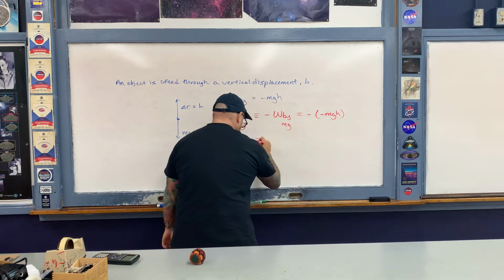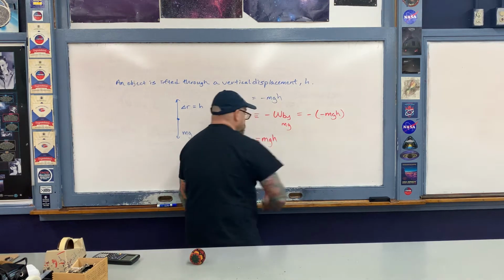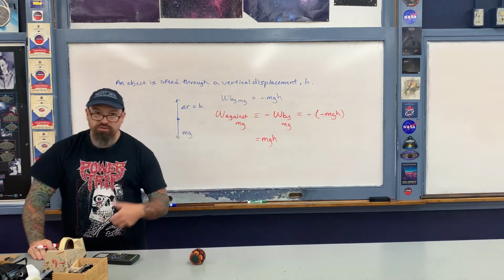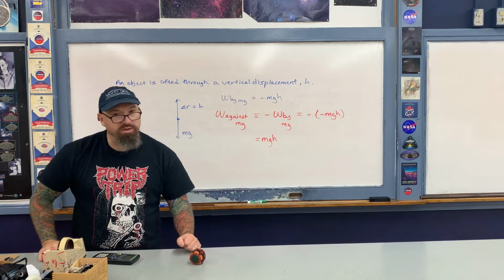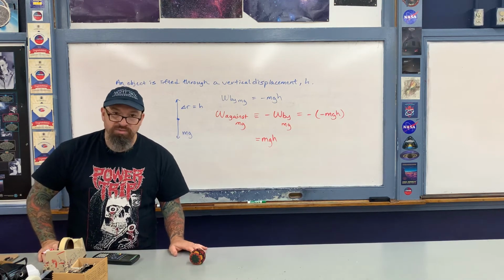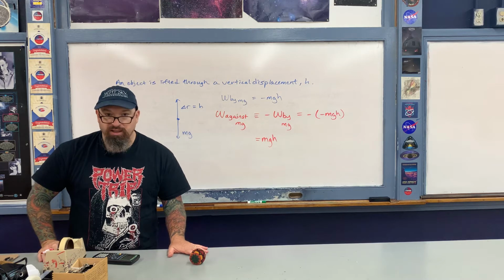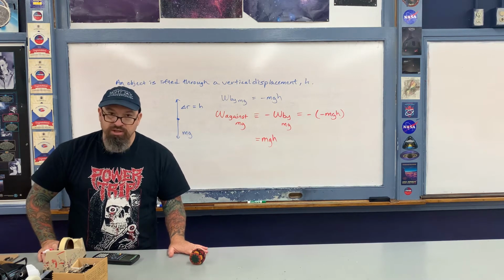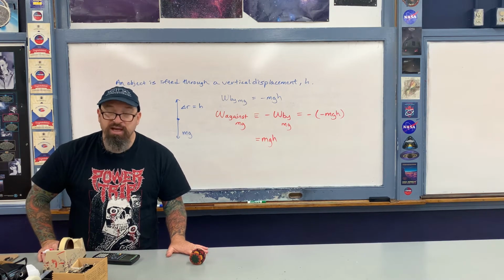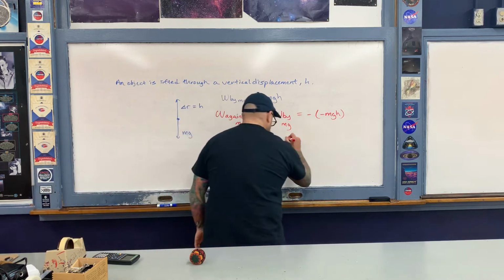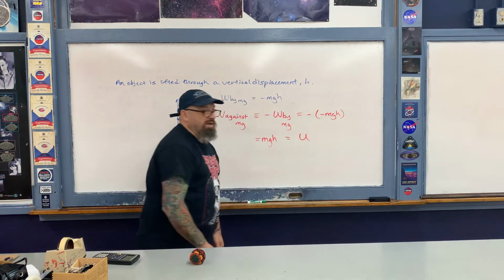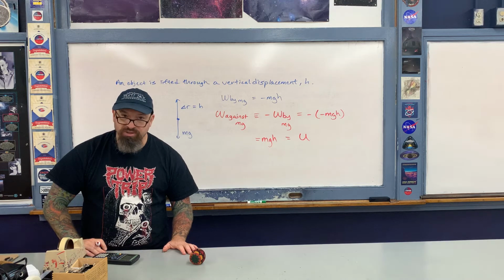This is positive mgh. And this minimum amount of energy that I use to overcome the force of gravity, the work done against gravity, this then becomes the potential energy of the object at the height h above the ground. Potential energy is always described by the letter capital U, like so, where capital U is then therefore the object's potential energy.